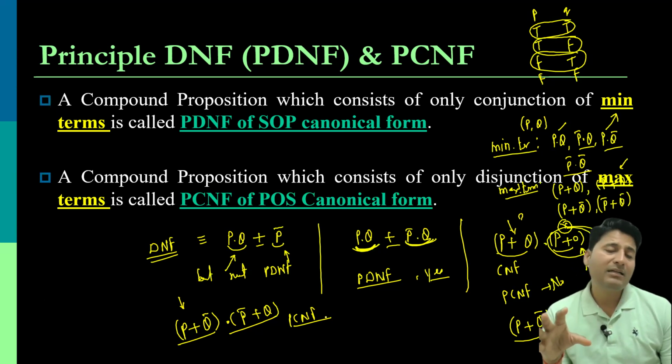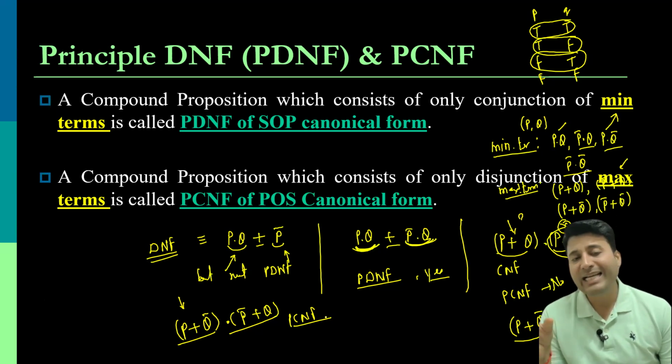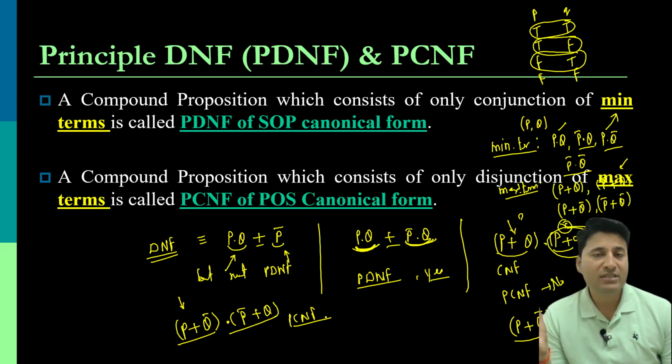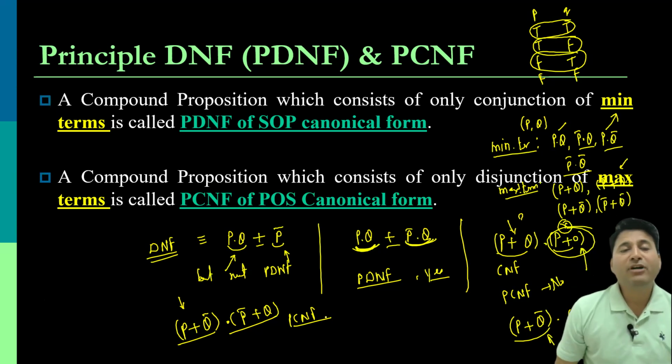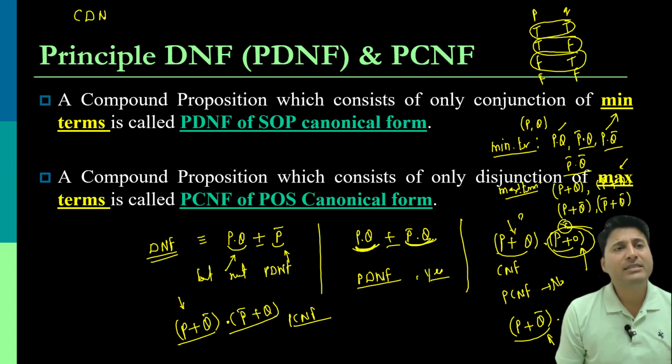For a compound proposition, we can have different DNF or PDNF. But when I'm talking about complete CNF and complete DNF, it will always be unique. So if I want to write CDNF for two variable, that means it should have all the min terms with it.